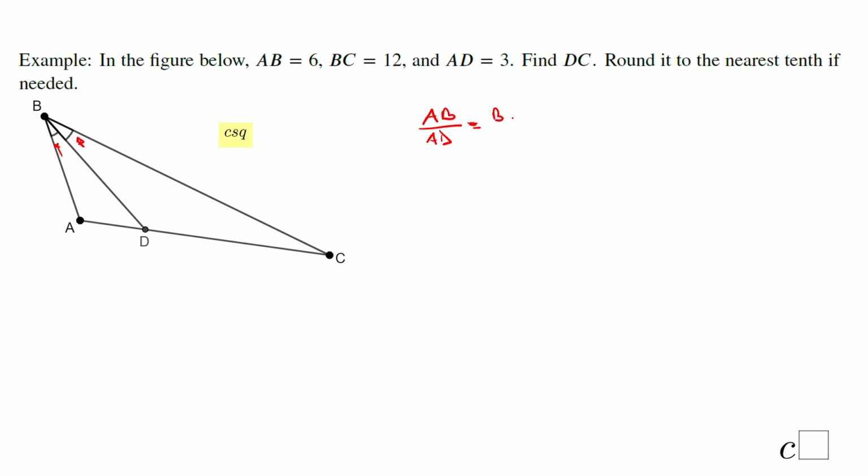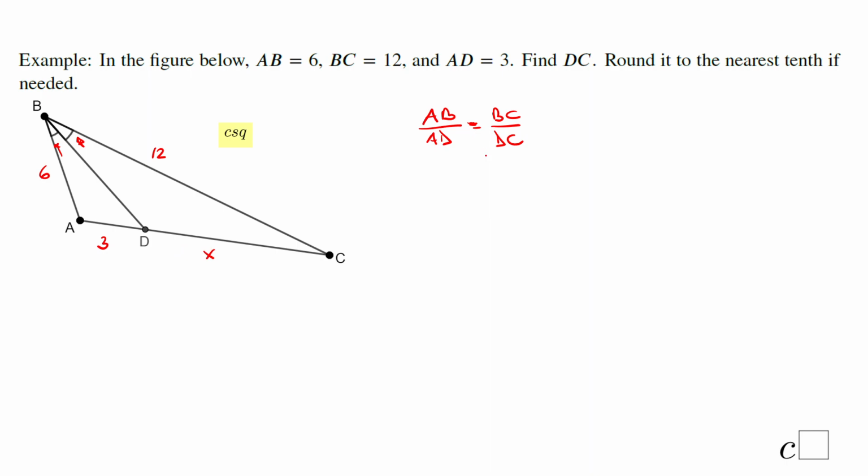Now, let me emphasize again, this is not the only way you can write this proportion. There are some other ways, but now let's use this one. Let's see, AB is 6, BC is 12, AD is 3, and we need to find DC.